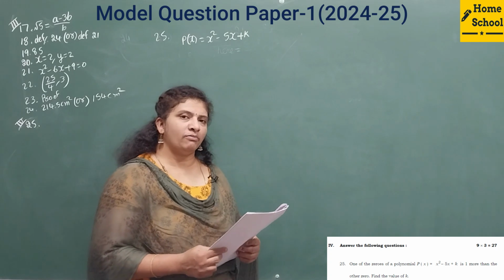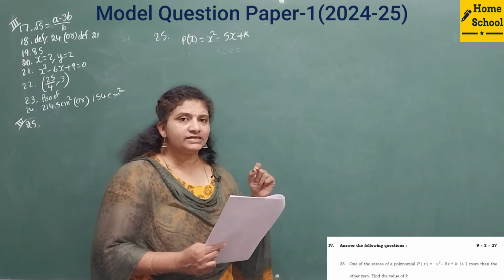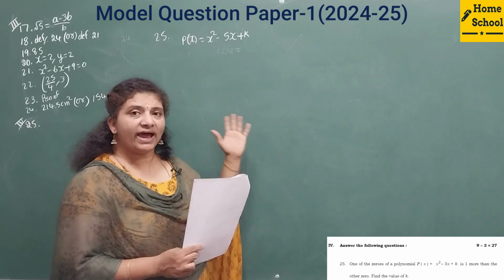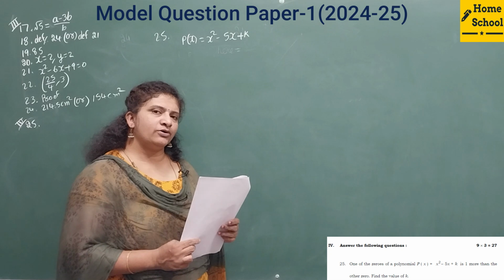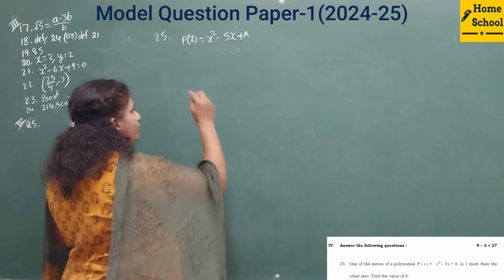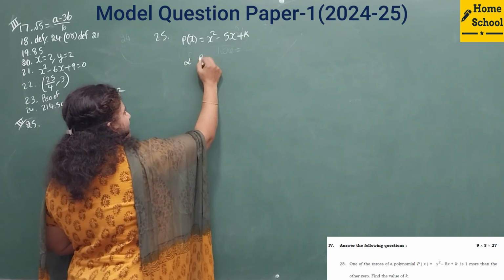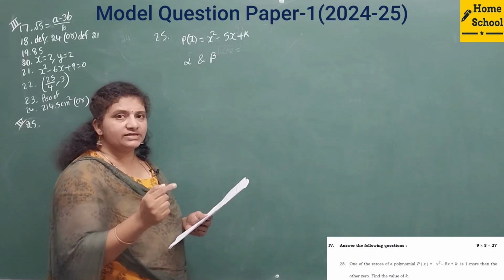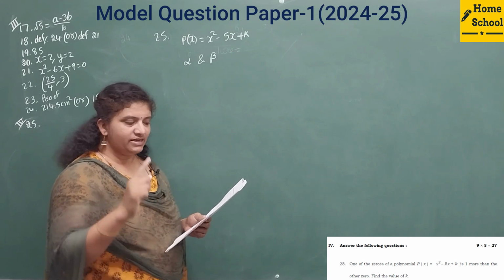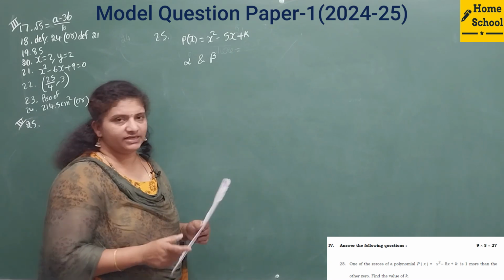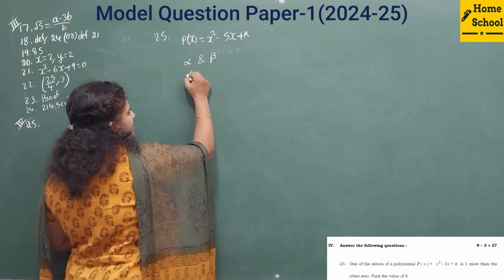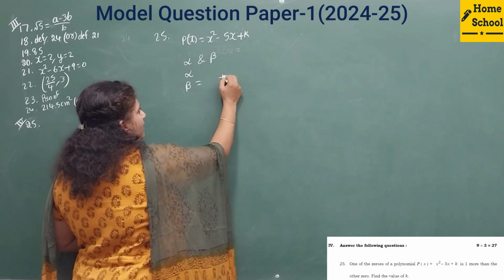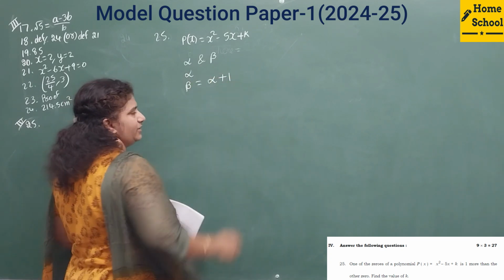Try to understand the problem carefully. One of the zero of the polynomial. Observe which type of a polynomial it is. Quadratic polynomial. How many zeros? 2 zeros. Let the 2 zeros be alpha and beta. If one of the zero of a polynomial is one more than the other zero, let me take first zero as it is and another zero as one more than the other zero.